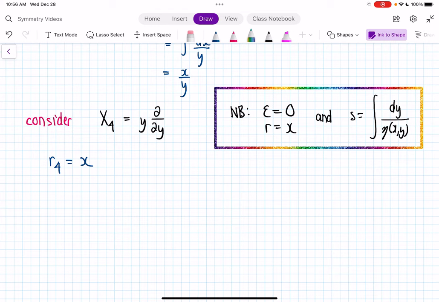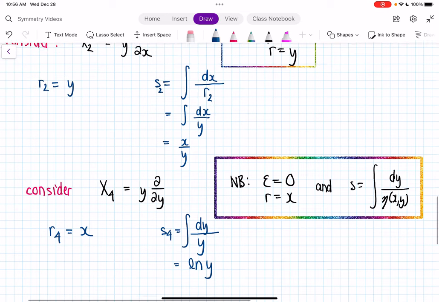Okay, so here we go. All right, so that's what we have for those canonical coordinates.